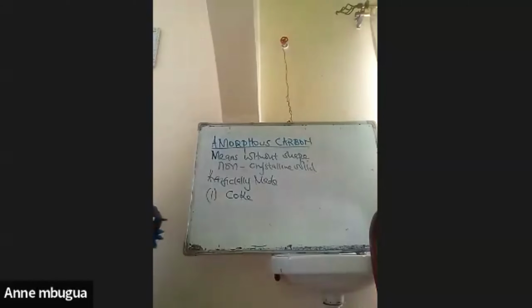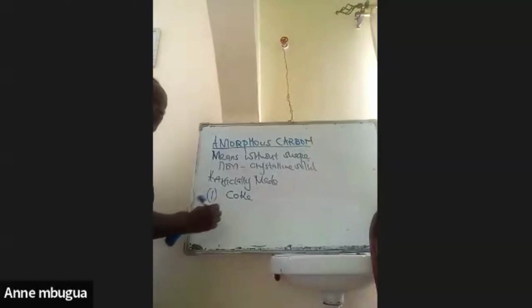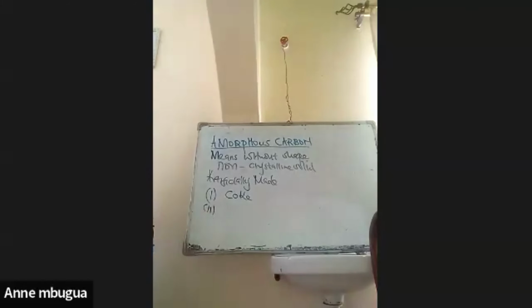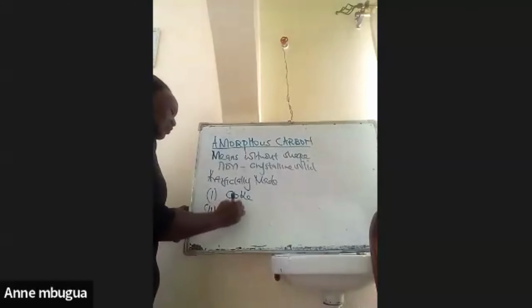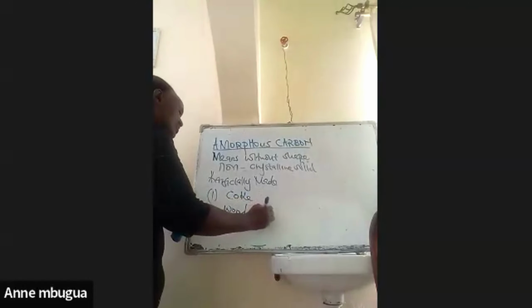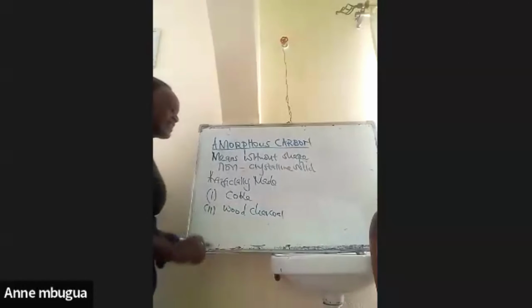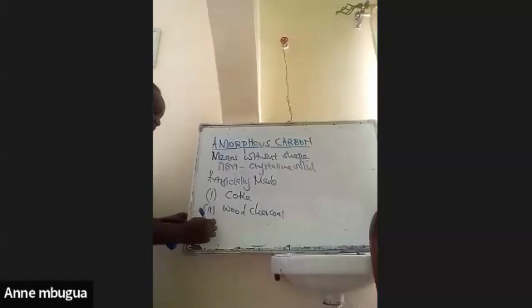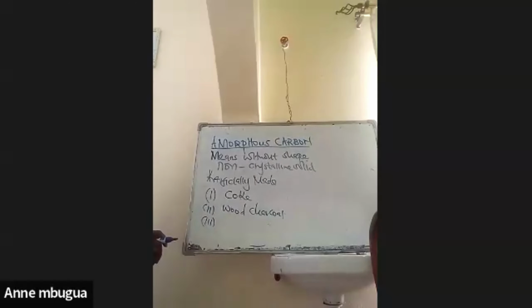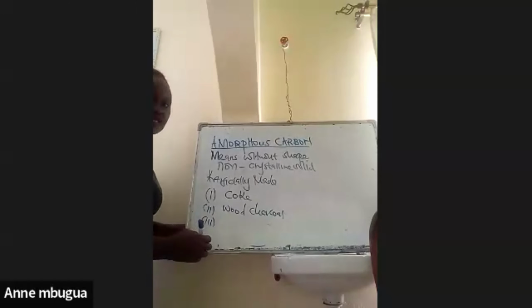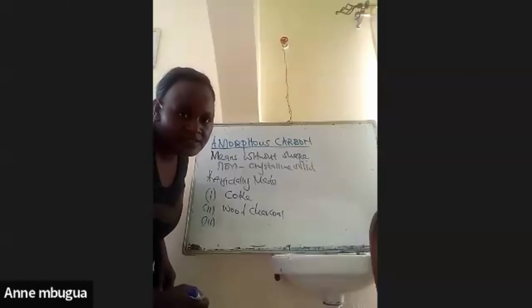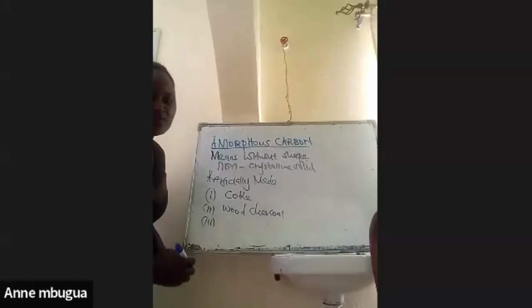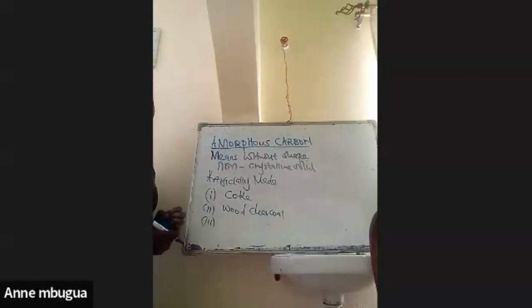The other amorphous form of carbon is wood charcoal. The third one is animal charcoal.